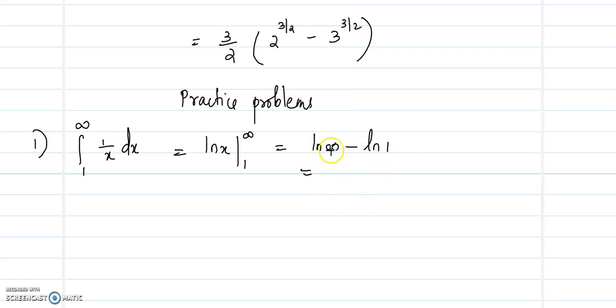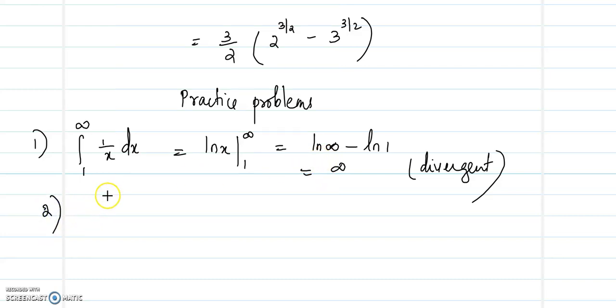So this will be infinity minus 0. So the value of the integral will be equal to infinity. Now whenever the limit is infinite or the limit does not exist, we also say that the integral is divergent. So here it is divergent.